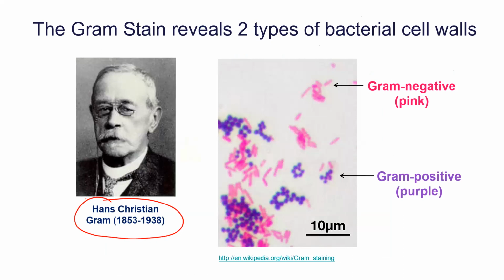Gram positive are purple after the staining procedure, and gram negative are pink. We'll come back to why that is shortly when we get into cell walls, and when we talk about bacteria. We'll talk about exactly why they stain different colors when we get there. But you're going to make a Gram stain. It's going to look something like that.